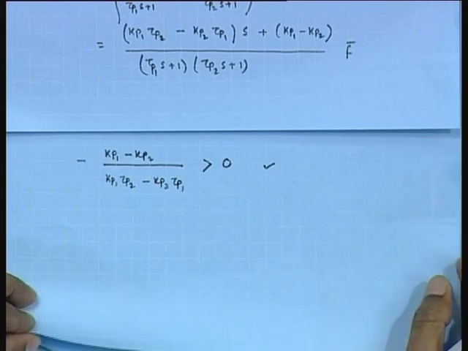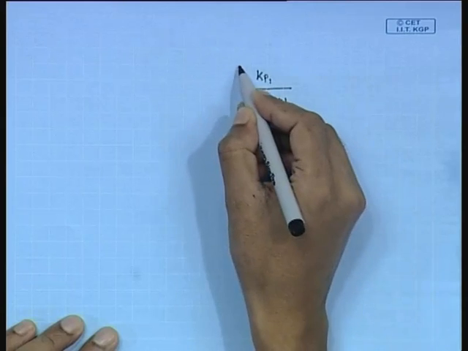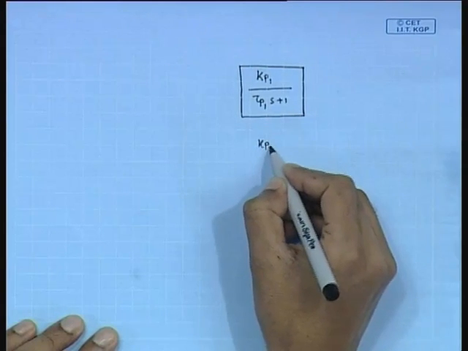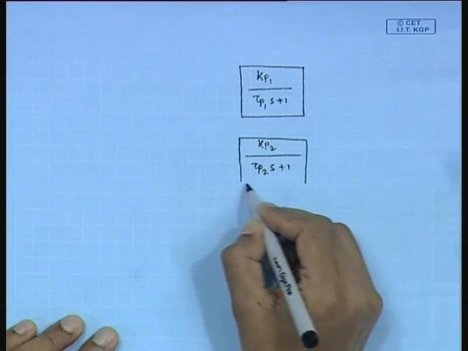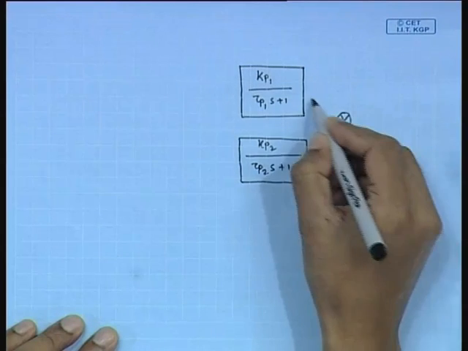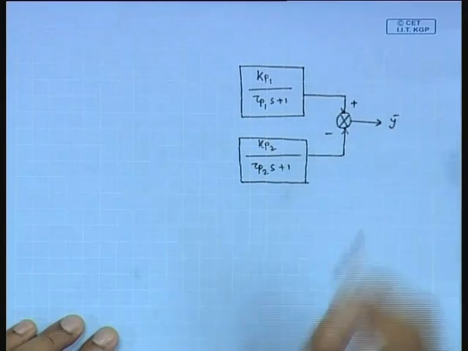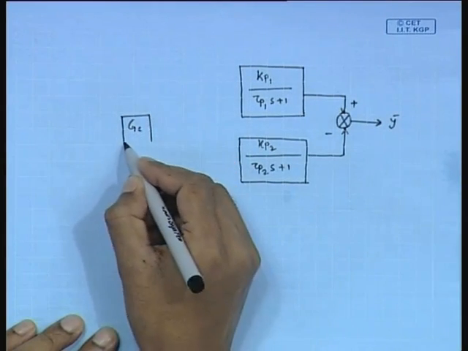Fine. Next, we will implement the controller. I mean, we want to develop the closed loop block diagram. So, our process has the transfer function of Kp1 divided by tau p1 s plus 1 and Kp2 divided by tau p2 s plus 1 with opposite effects. The transfer function for the controller is Gc.